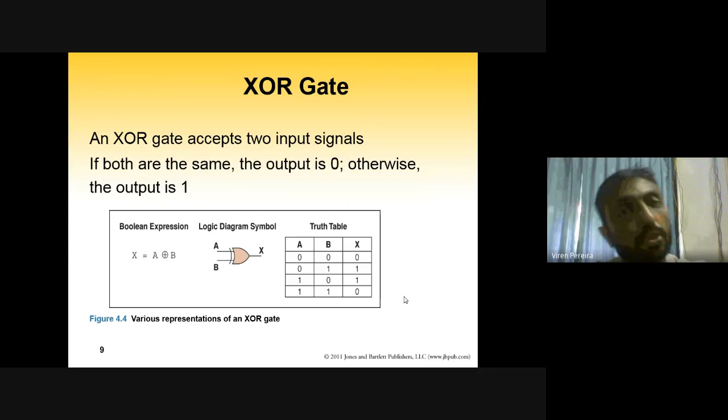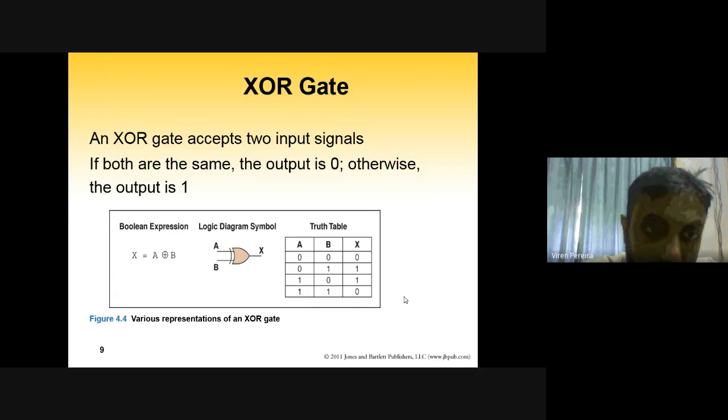Then comes your exclusive OR gate. It is known as XOR, but sometimes it is written as EXOR. You should not get confused; both are the same. If XOR or EXOR is written, you have to understand it is the XOR gate. Here also we have the Boolean expression X equals A plus B, but the operator changes.